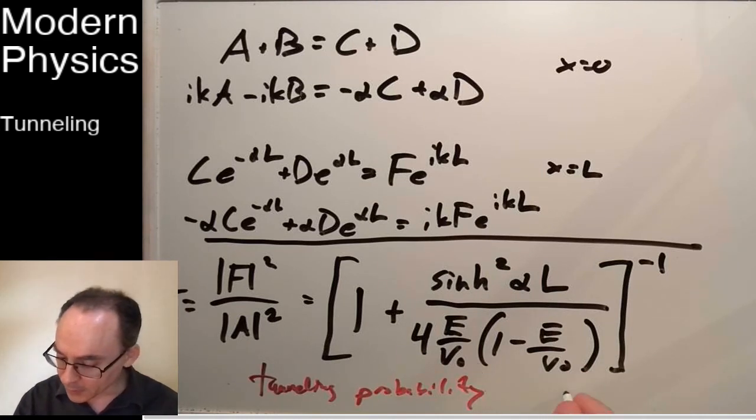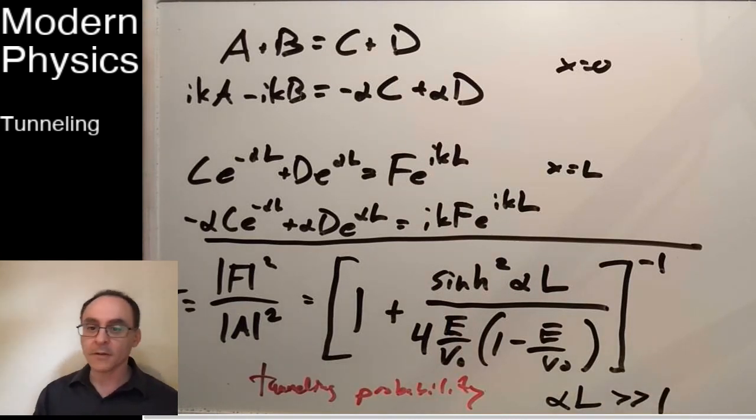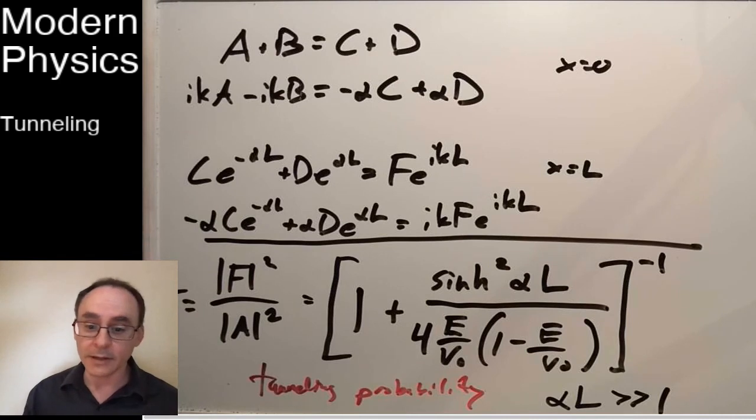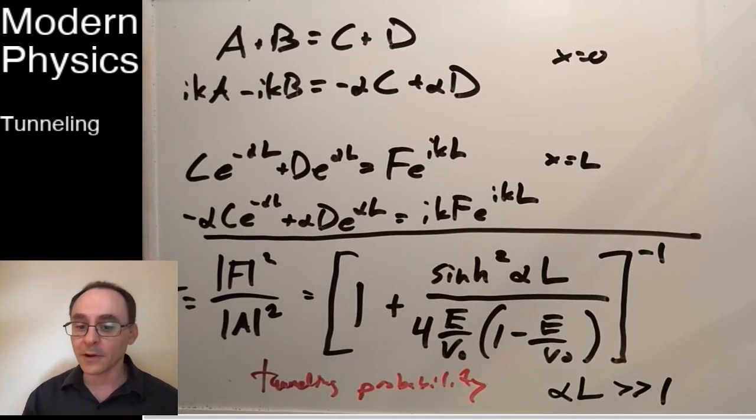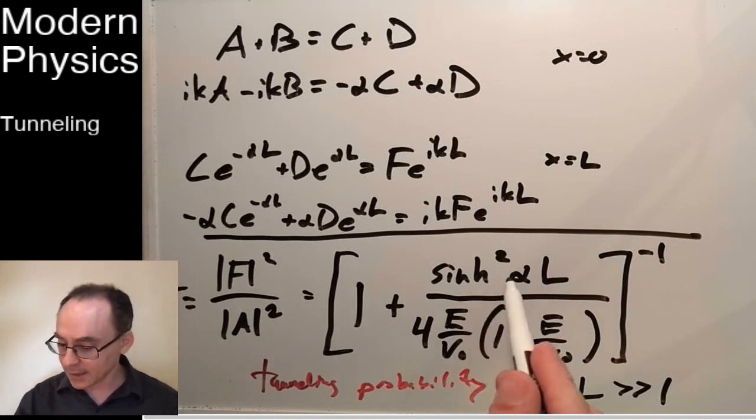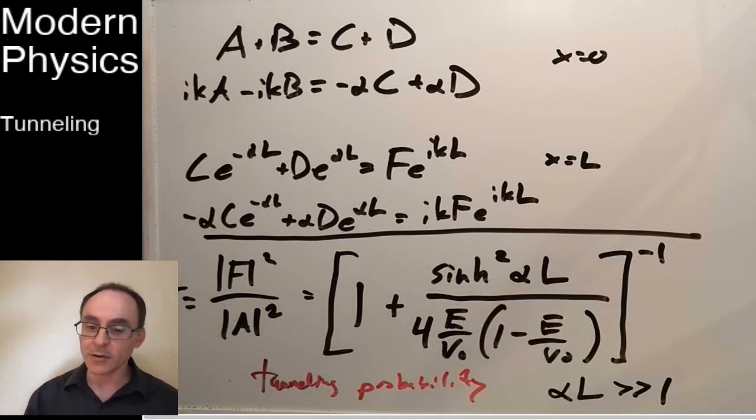And what does reasonably large mean? It means alpha L just sort of larger than 1. So 3 is actually probably reasonably large for those purposes, more than 3 or 4, because again, this thing involves exponentials, and by the time you get to e to the 4th power, that's already a fairly large number.